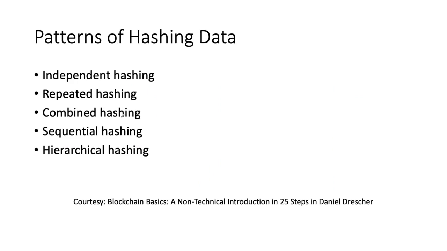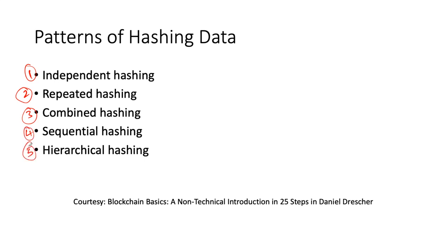So then what are the different patterns of hashing your data? There are independent hashing, repeated hashing, combined hashing, sequential hashing, and hierarchical hashing.